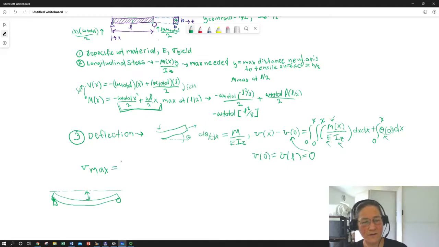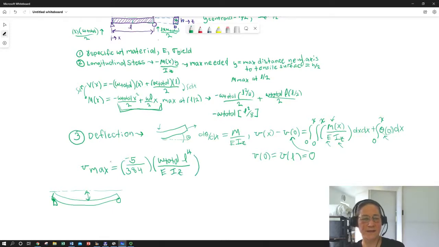So that turns out to be, if you go through the double integrals and you include all of the constants, -5/384 times our total distributed load, L to the 4th, over our modulus times our moment of inertia.